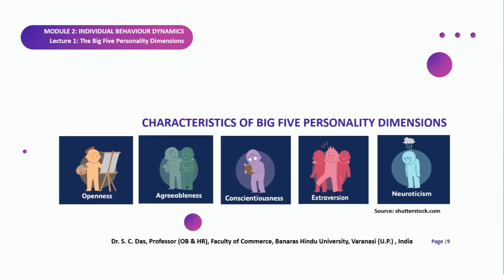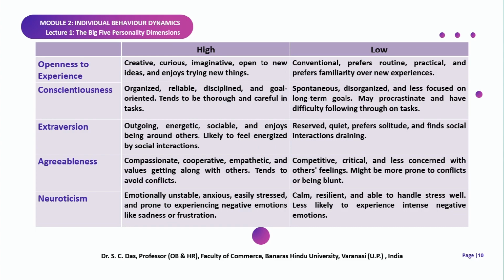In fact, low neuroticism is a very good aspect of any organization. Now see, why are we studying this? We need to assess ourselves, what kind of personality we have. Being a student, you can assess yourself. We don't need any other psychometric test to understand neuroticism and agreeableness. You can assess yourself: high, low.